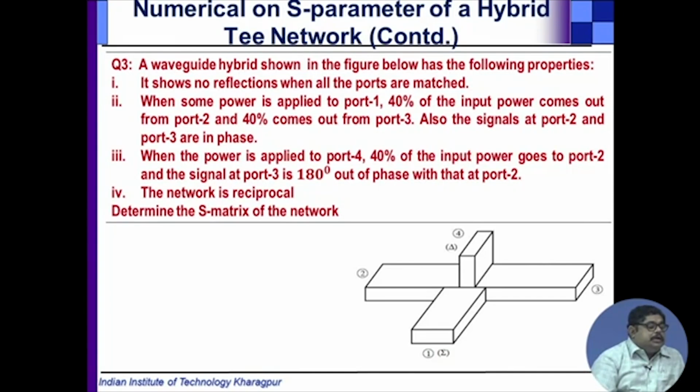Also, the signals at port 2 and port 3 are in phase. When power is applied to port 4, 40% of the input power goes to port 2 and the signal at port 3 is 180 degrees out of phase with that at port 2. The network is reciprocal. Determine the S matrix of the network.